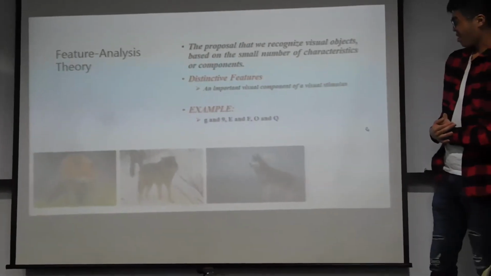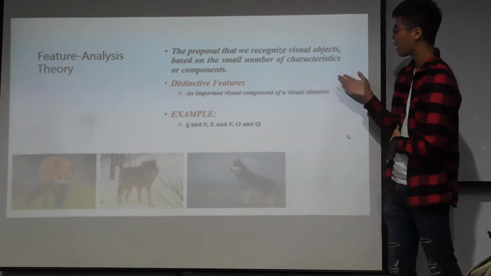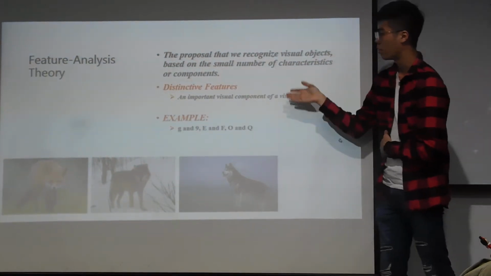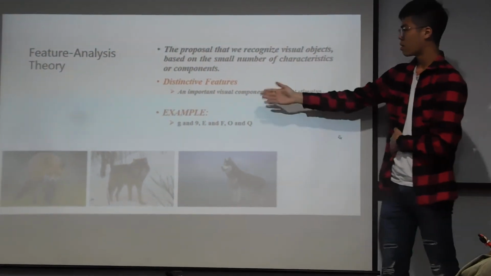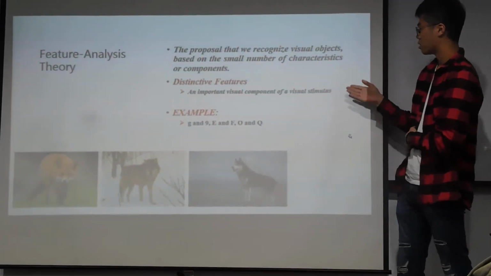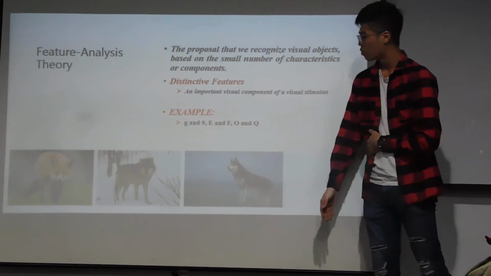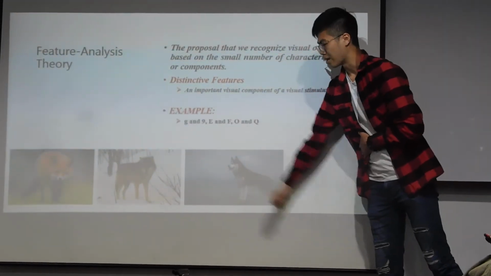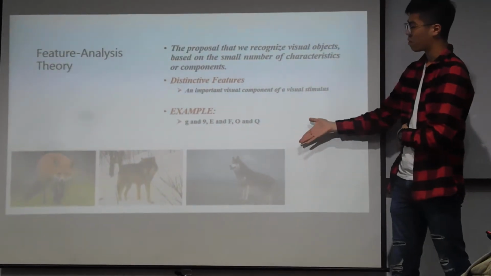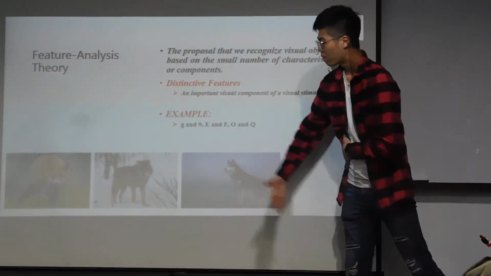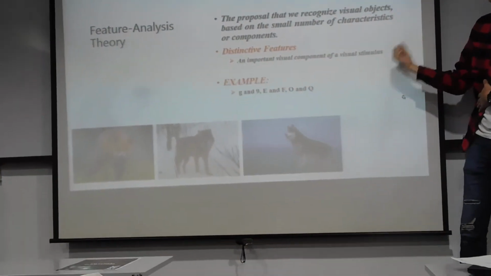It's the proposal that we recognize visual objects based on a small number of characteristics or components, which are called distinctive features. So an important visual component for a visual stimulus. For example, like we use G and 9, E and F, O and Q for letters. For animals, we look at small characteristics.